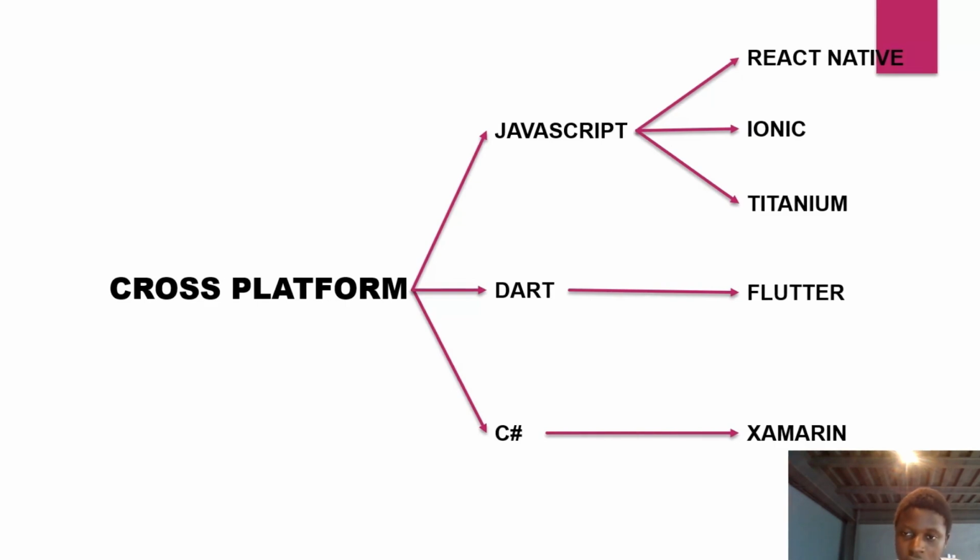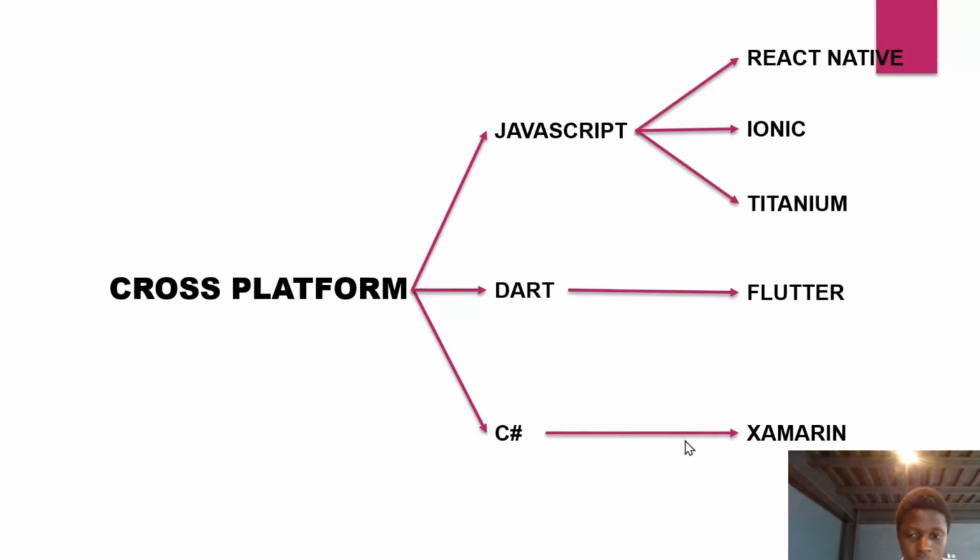So next, under JavaScript we have React Native, Ionic, and Titanium. That is a programming language. It's not the one that we use in building the application, but the framework is extracted from it for building the application. I don't know if you get. And the third one, we have C Sharp.